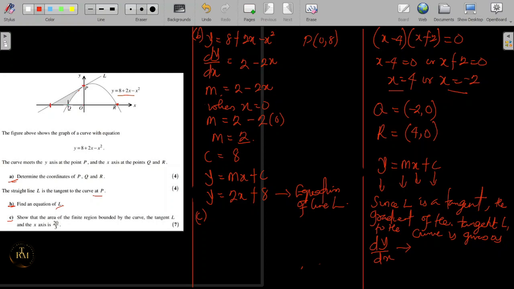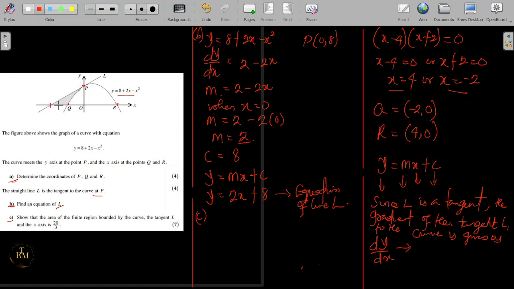Right? But the shaded region is actually bounded by these 3 points. That's the way it is bounded.